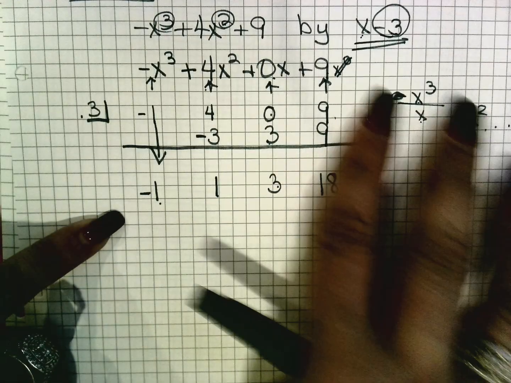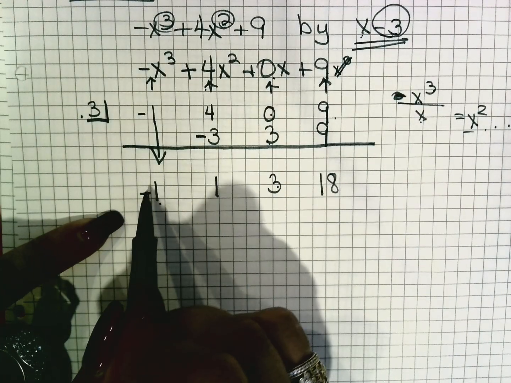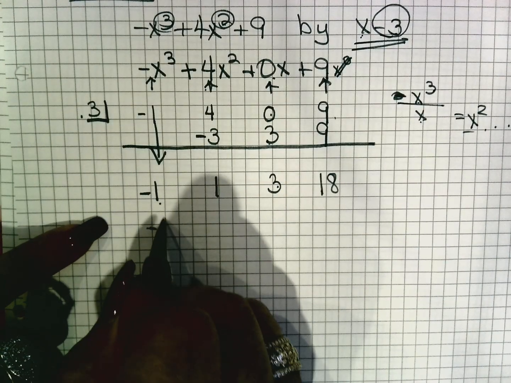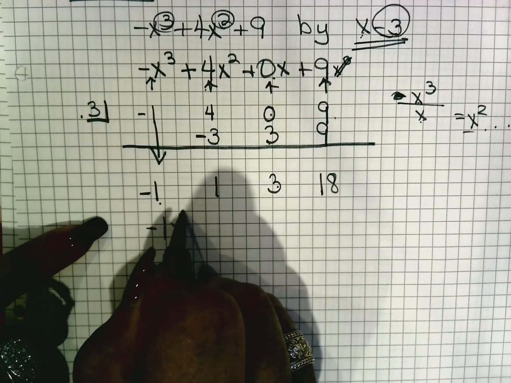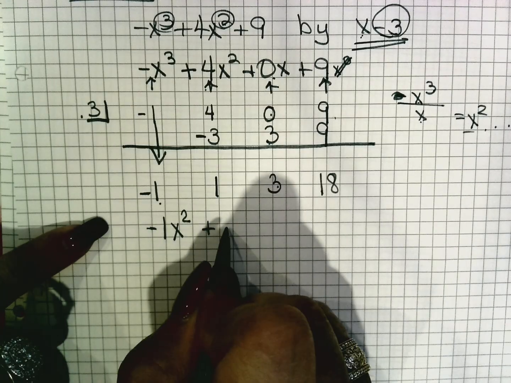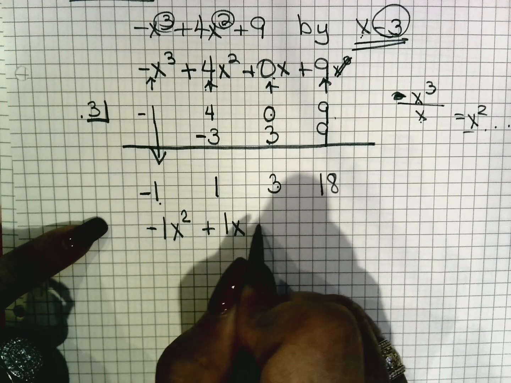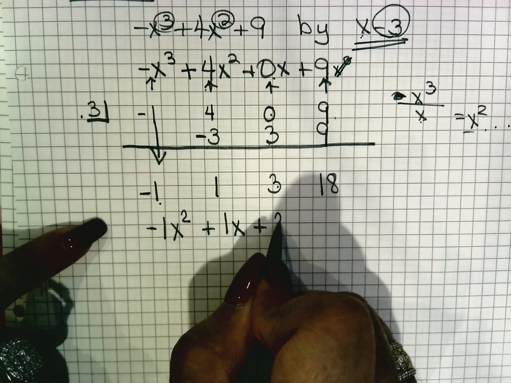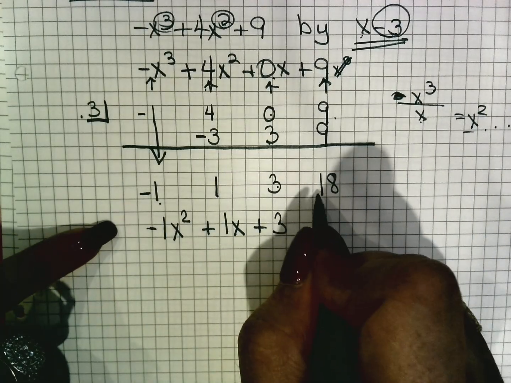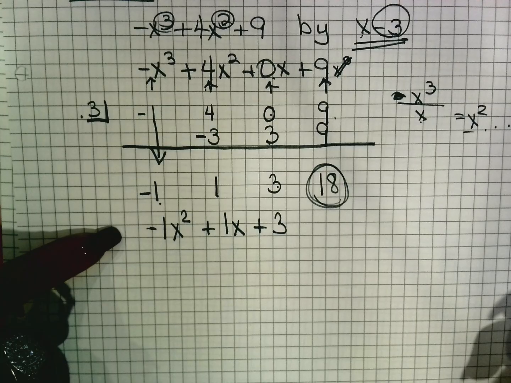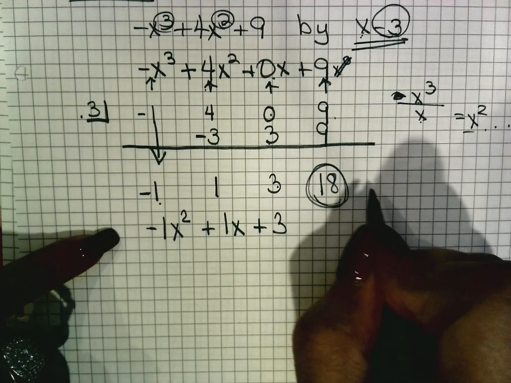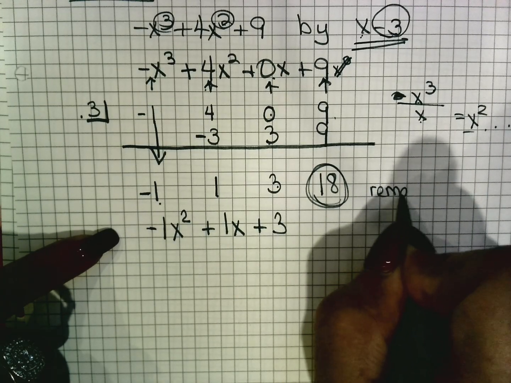The x to the thirds are gone. So this negative 1 is going to represent negative 1x squared. This 1 is 1x. This is your constant, 3. And what do you think that is? Well, if you said remainder, you're right.